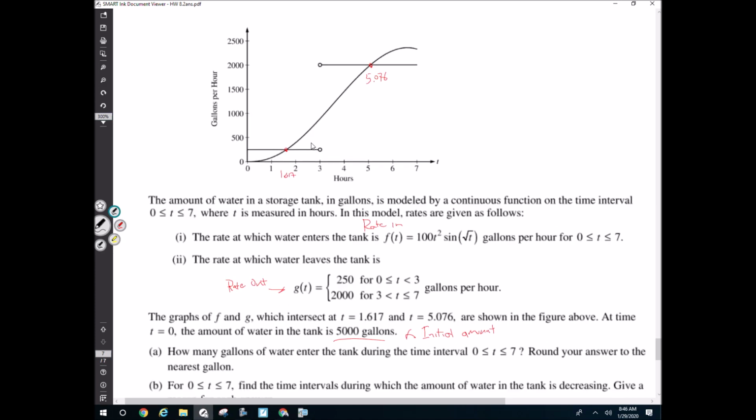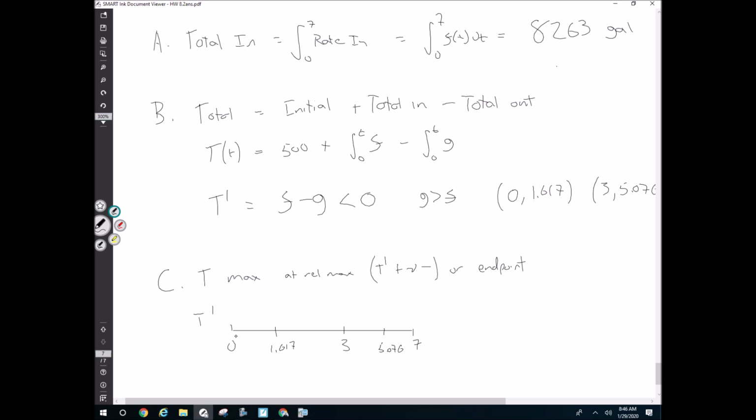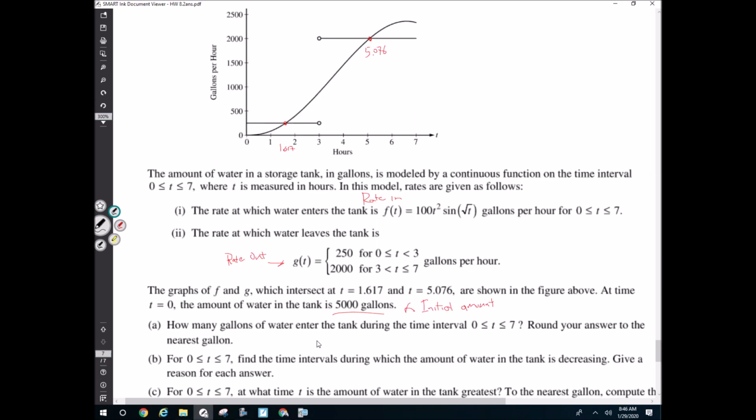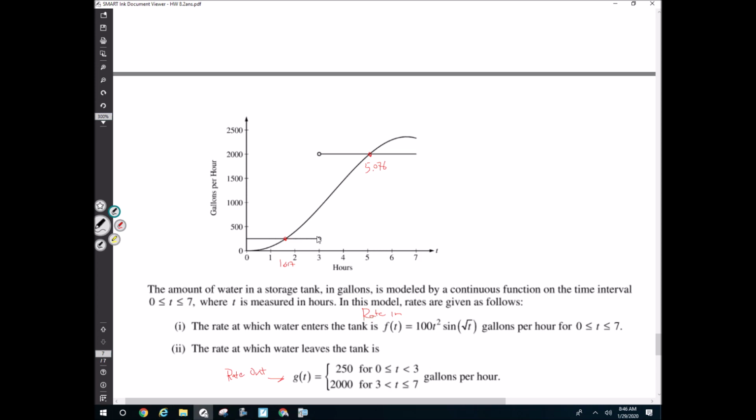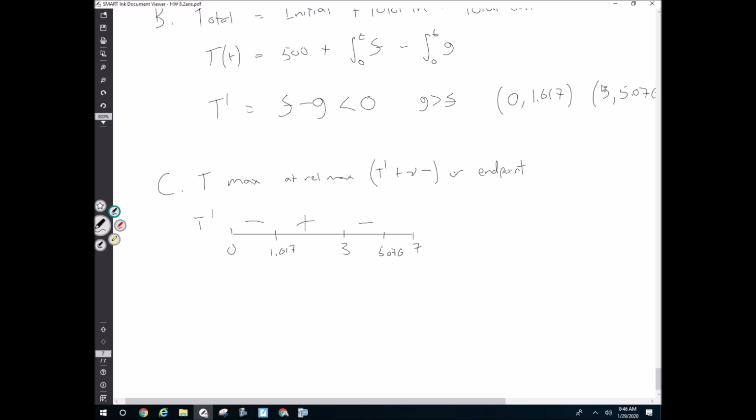G is bigger than F, so that's when we're decreasing, so T prime is negative. Then T prime is positive, so I'm adding more from here to here. And then T prime is negative from there to there, just like I talked about. And then T prime is positive. So I have candidates here.